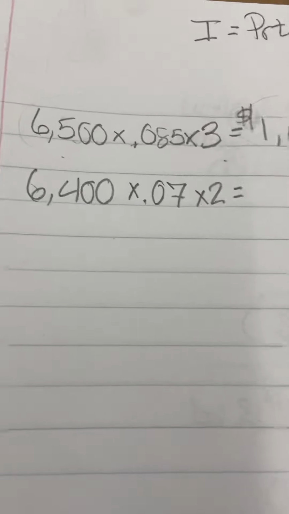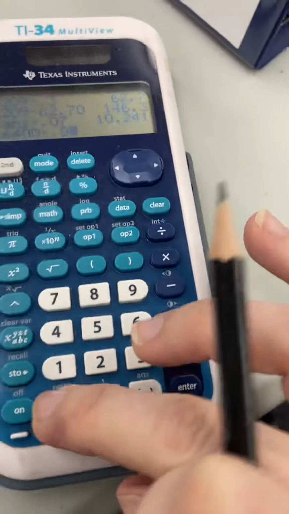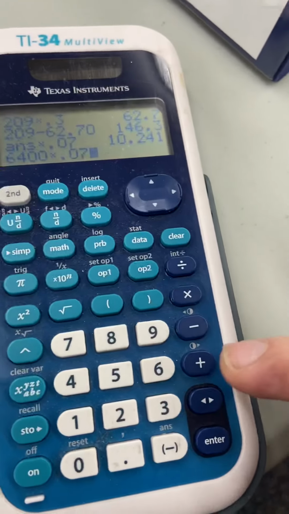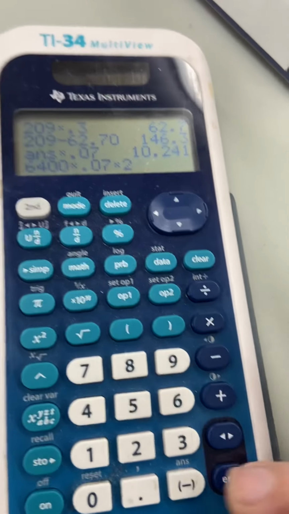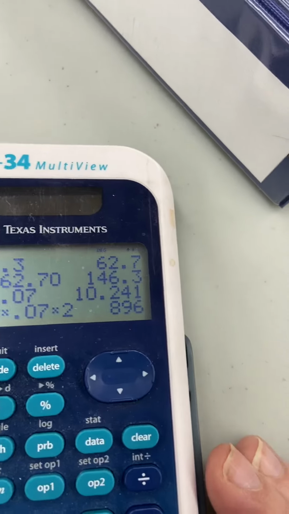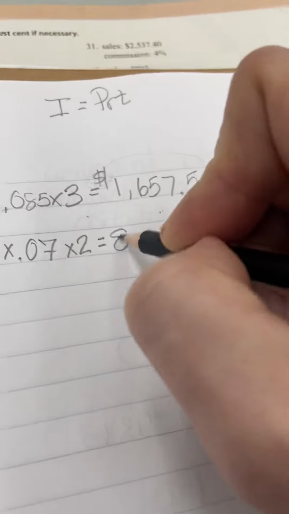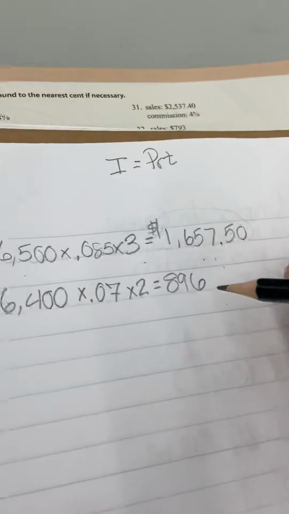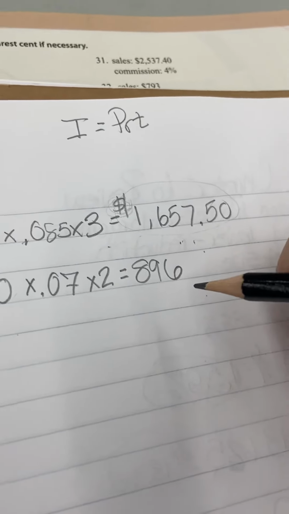So let's figure that out, shall we? So 6,400 times 0.07 times 2. That's $896.